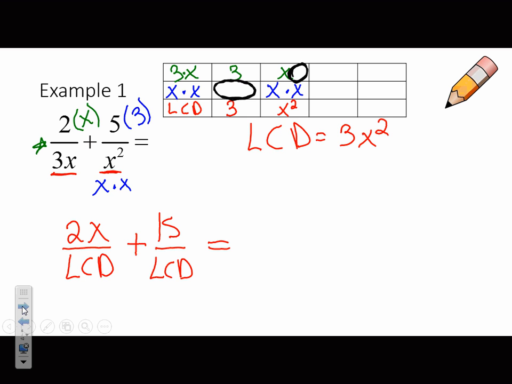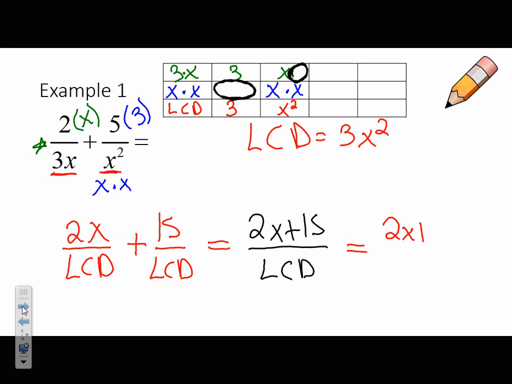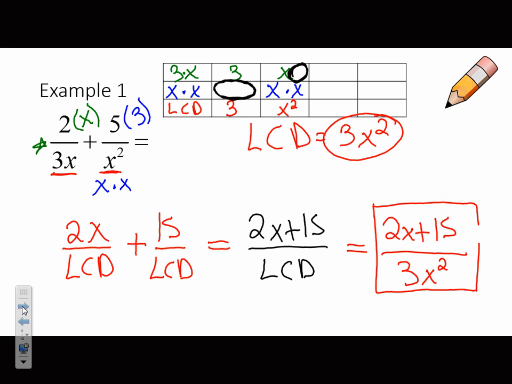So I get 2x plus 15 all over my least common denominator. Now that I have my numerator all simplified, I can't simplify or factor that anymore. I'm going to rewrite it as 2x plus 15 all over 3x squared. And this, ladies and gentlemen, is my final answer.